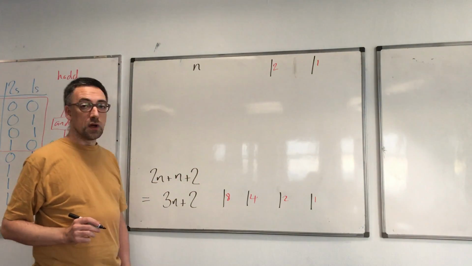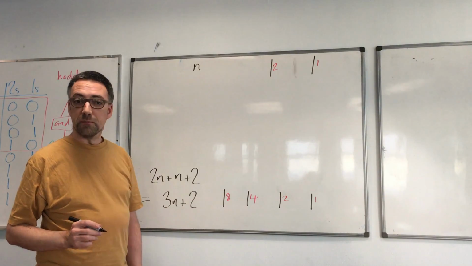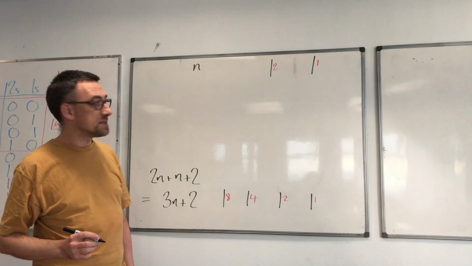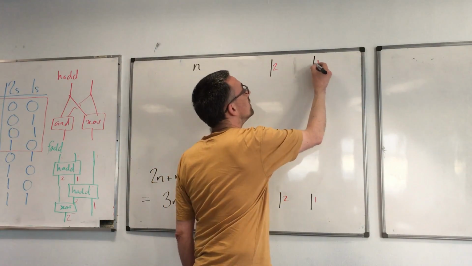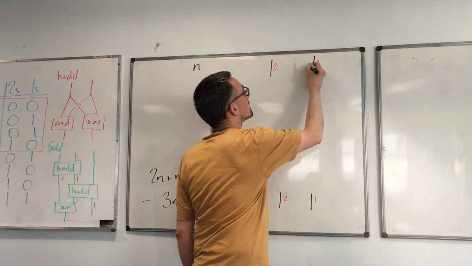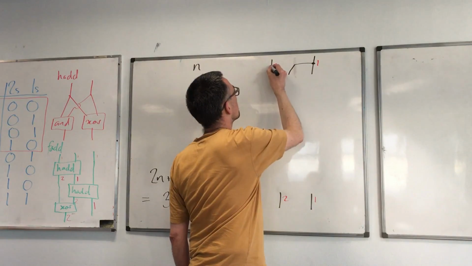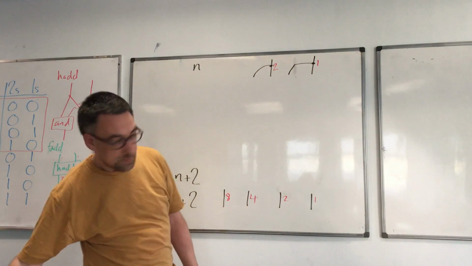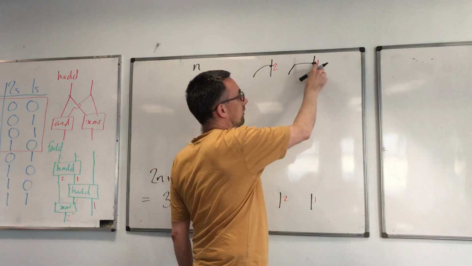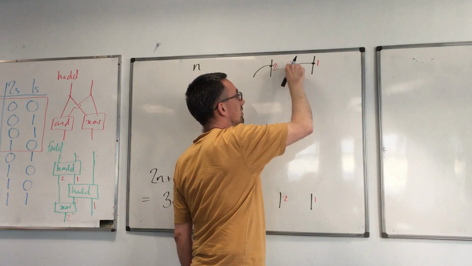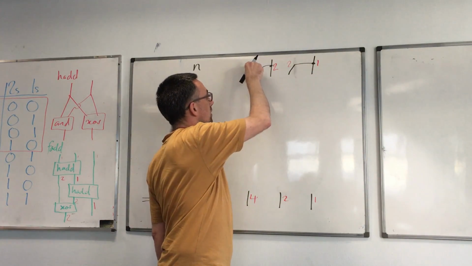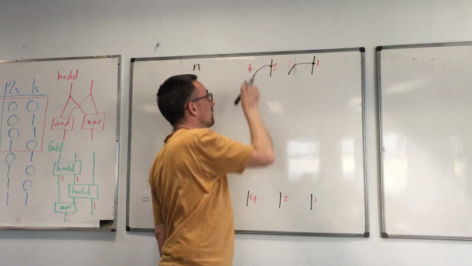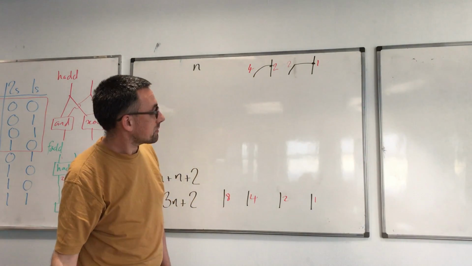Okay, so how do we move the bits of a number one place to the left? Well, we make a copy of each bit and assign it the next place value up. So this copy of our 1's column we assign place value 2, and this copy of our 2's column we give place value 4.